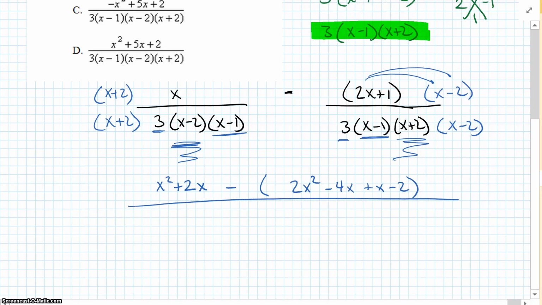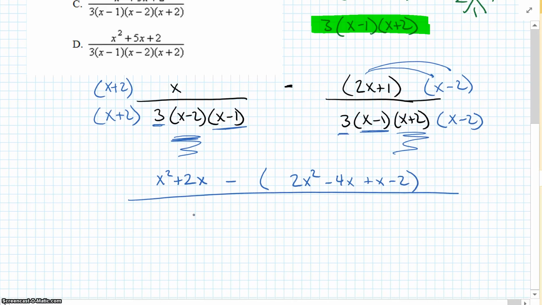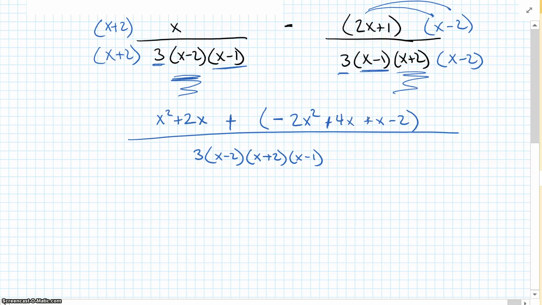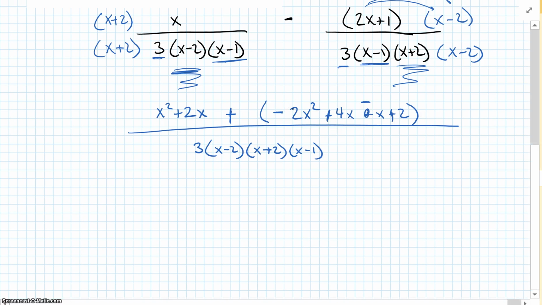All this is over 3 times x minus 2, x plus 2, x minus 1. Alright, let's distribute the negative. So I get negative 2x squared, positive 4x, minus x plus 2. Let's sum like terms.